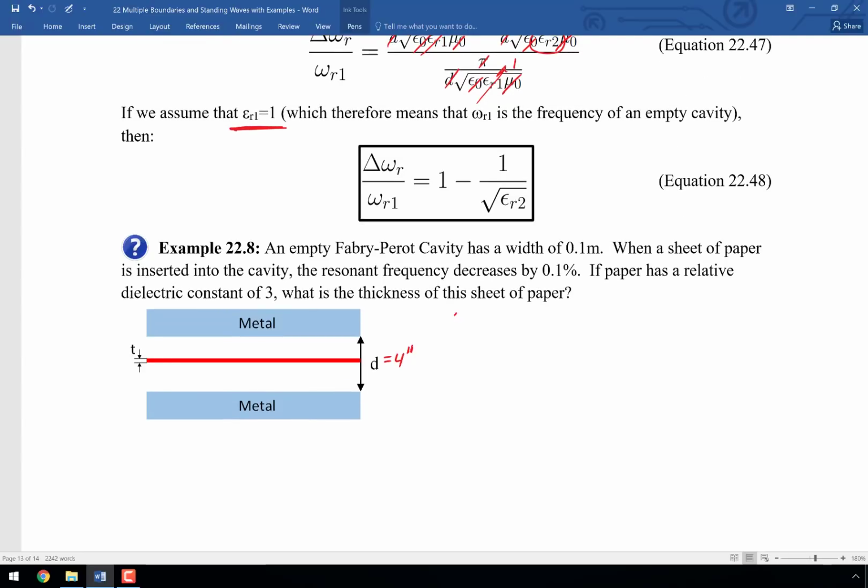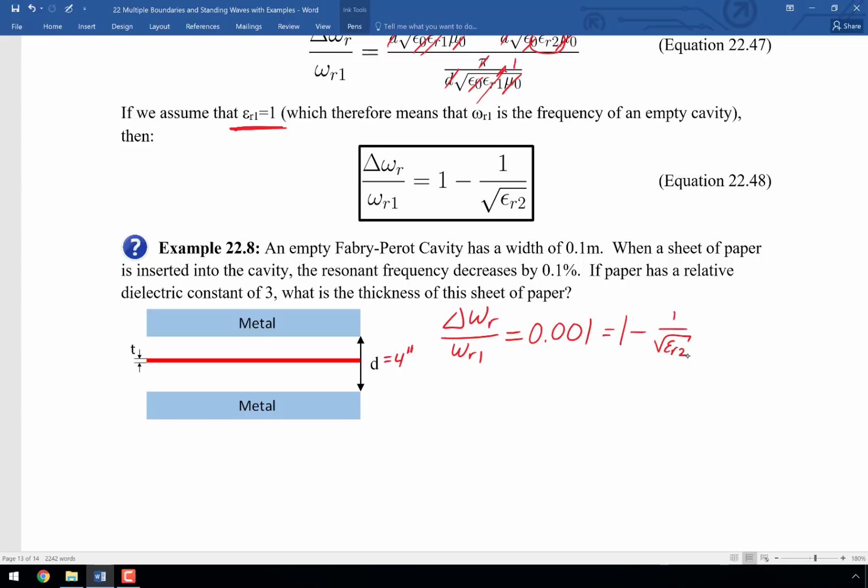So we know that delta omega r divided by omega r1, that's the percent change, is going to be 0.001, because 0.1% is 0.001. And we know that that is equal to 1 minus 1 over the square root of epsilon r2.